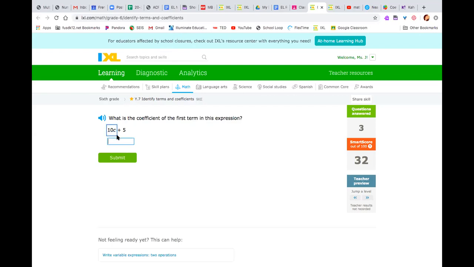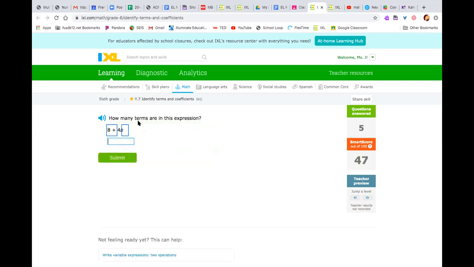So 10C gets a box and 5 gets a box. And it says the first term. So in the first box, what number is the coefficient? 10. And now how many terms are in this expression? 2. The boxes worked out, huh? Let's see if that happens again.